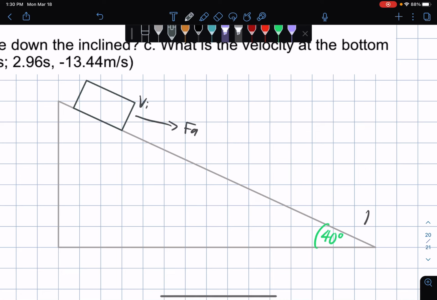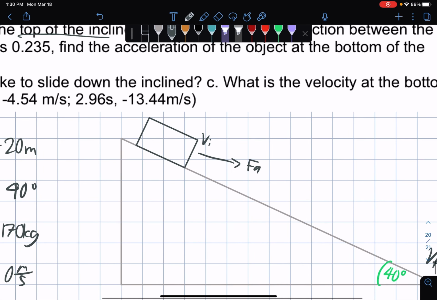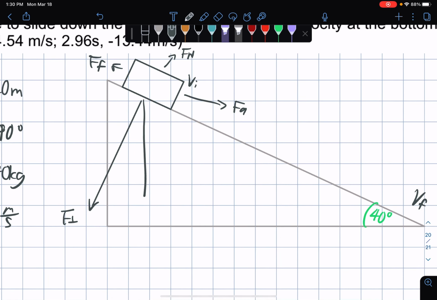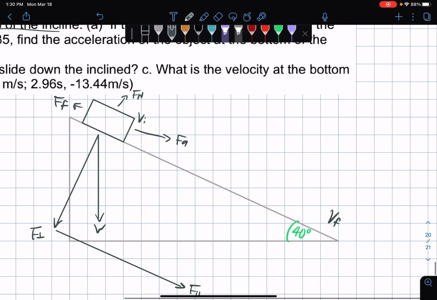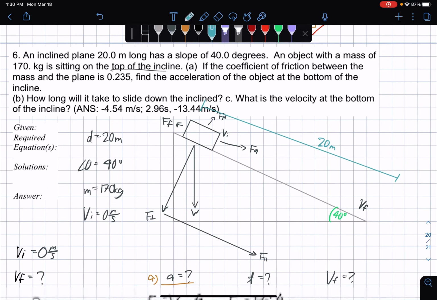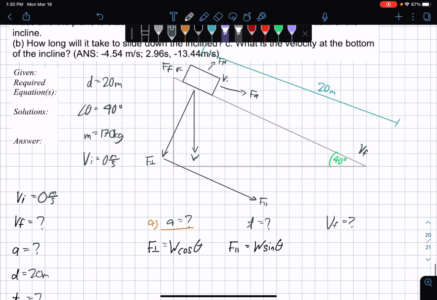This is VI. This is VF. This is force normal, or normal force. This is the friction. This is the force perpendicular. This is the weight. And this one is the force parallel. And the distance between the top of the incline towards the ground is 20 meters. Okay, so I think that's the drawing already.